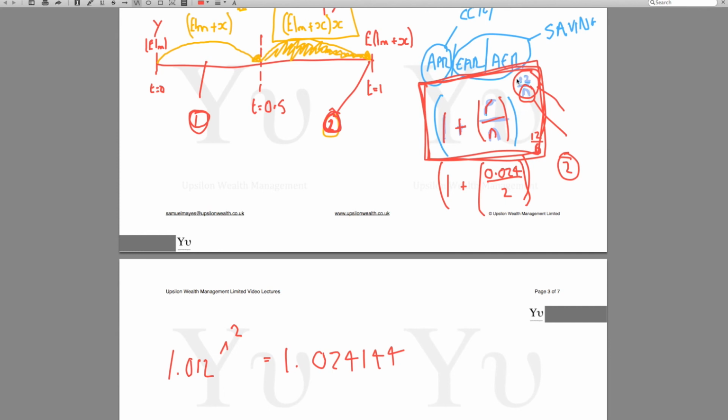Okay, and that's what we did. We said 12 divided by 6 equals 2. Now, for this particular question, that's quite simple, because we could say there's 2 compounding periods, so we just raise to the power of 2.